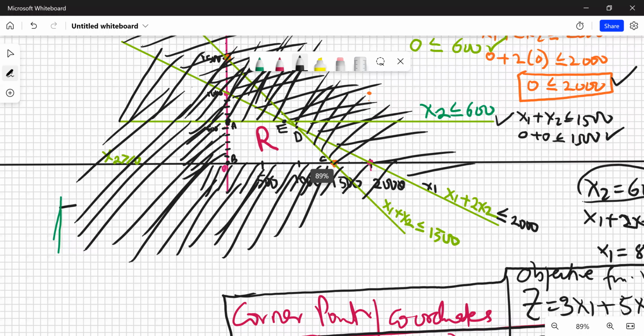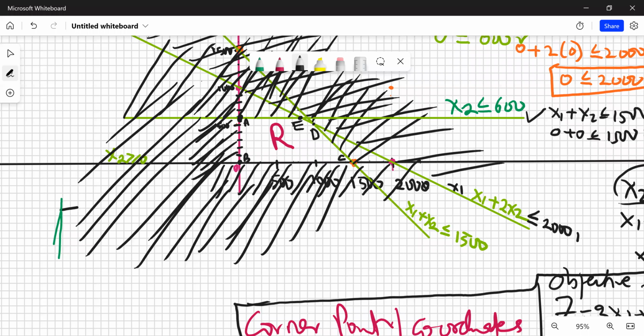The constraints we are talking about are this one and this one. These two guys. And this is our optimal point. This is our optimal solution, D.